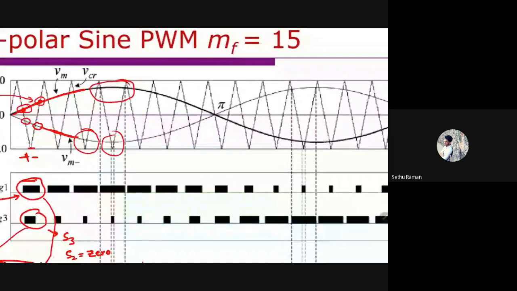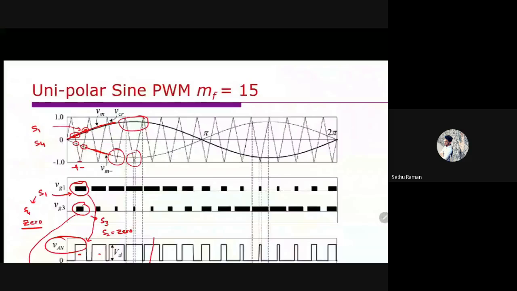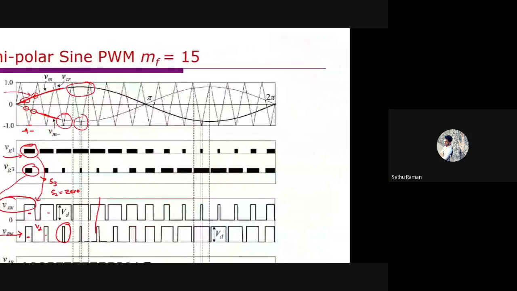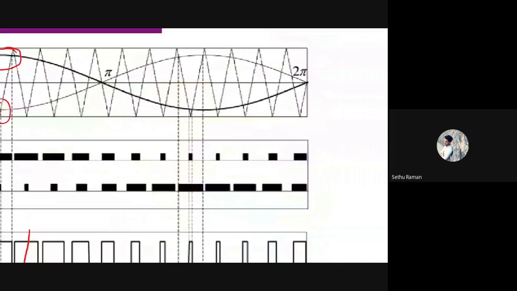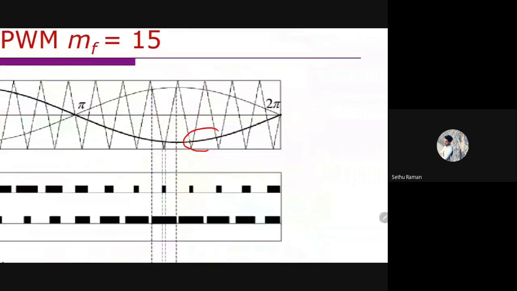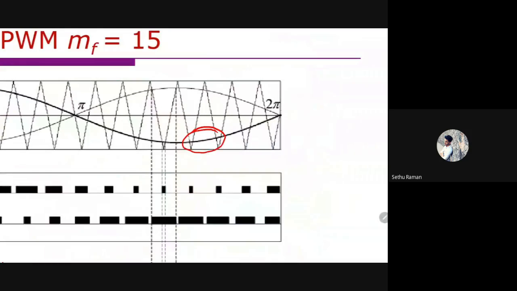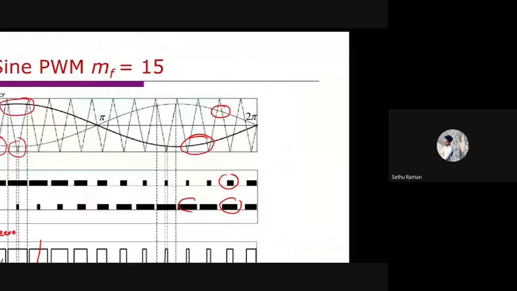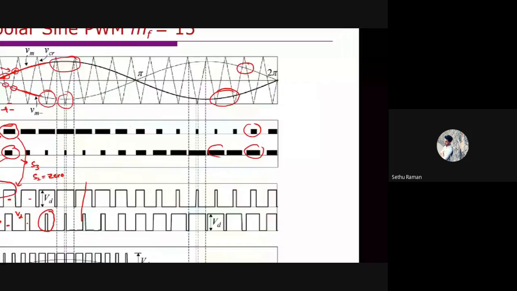Clear? When we come to this side, in the negative half cycle, these pulses are wider, whereas here these pulses are narrower, right? So here you produce a narrow pulse, whereas here this wide pulse. Okay. This is due to the natural behavior of the sine wave, right?